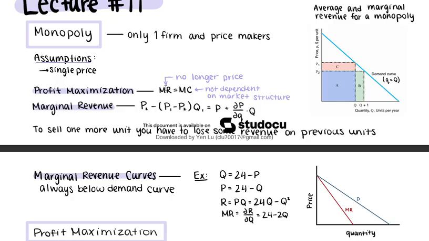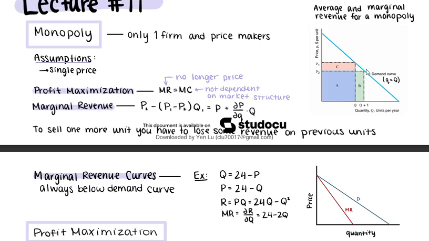And the marginal revenue is no longer price. The marginal cost is also not dependent on market structure. So the marginal revenue equals this, price 2, that means the original price.